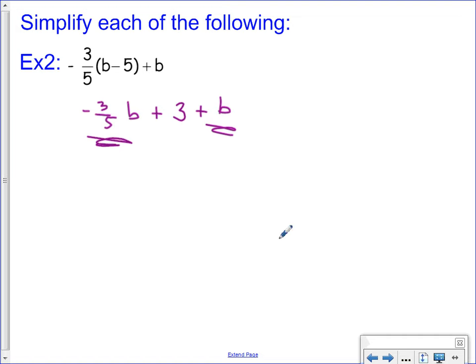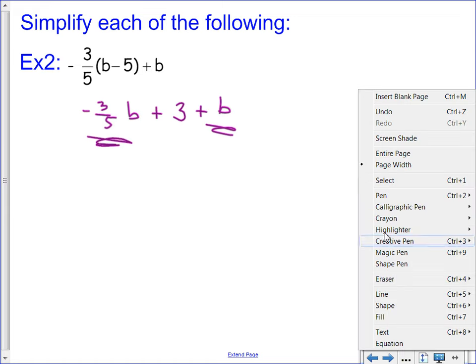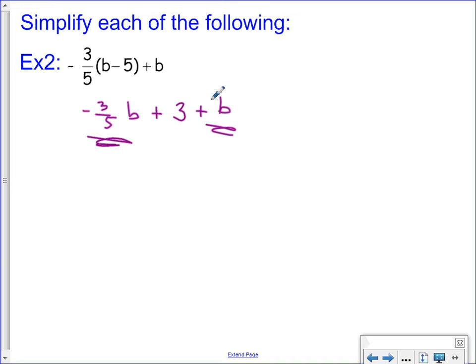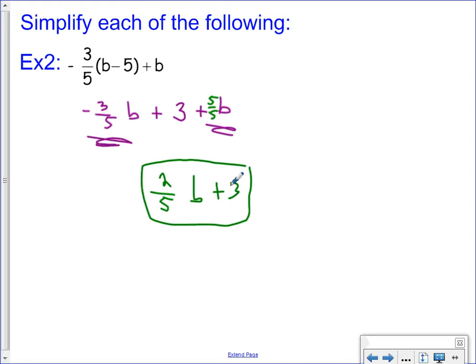Yes, this is definitely a 5/5. So there's a 1 here, so you can also think about this as 5/5. So when you're combining, it's negative 3/5 plus 5/5, which is 2/5 b. It's good.